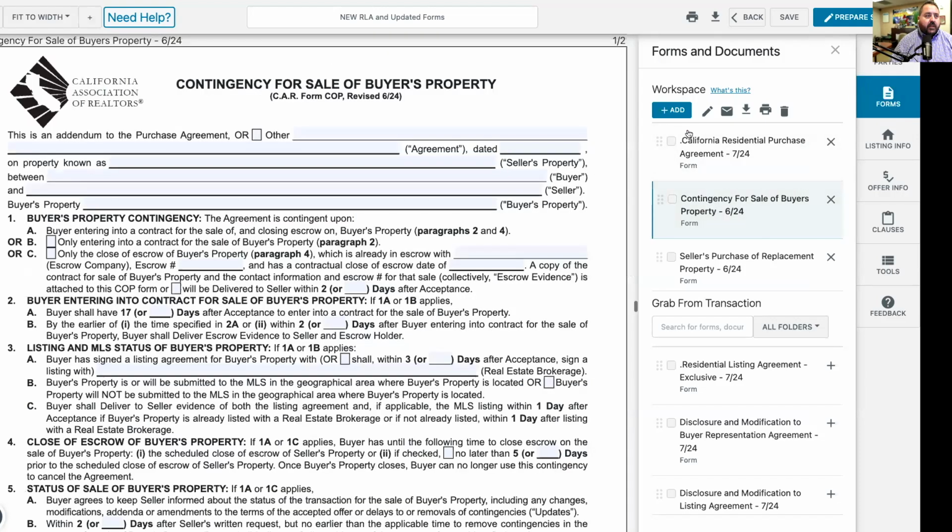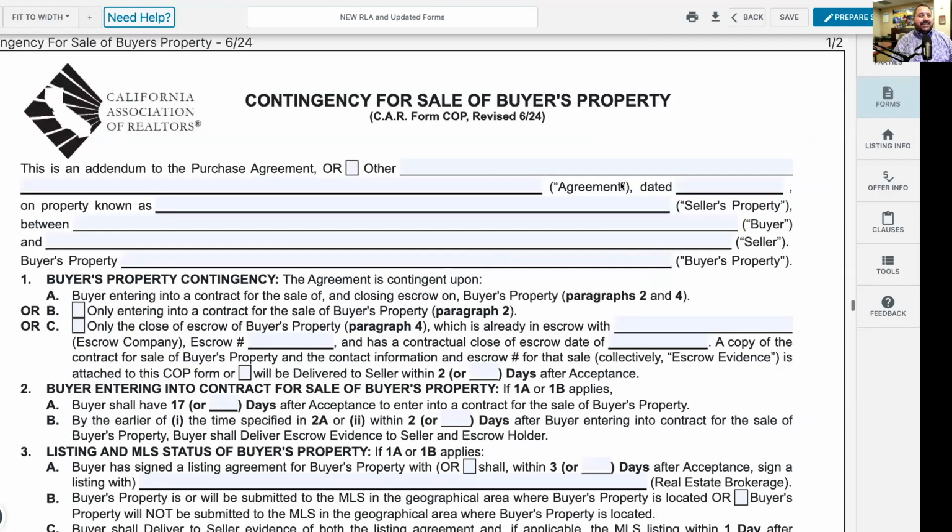So this is the contingency for sale of buyer's property. This is the document that we're going to incorporate with the RPA in order to make the purchase of this property contingent on the sale of the buyer's property.